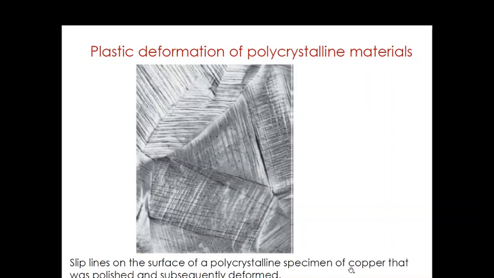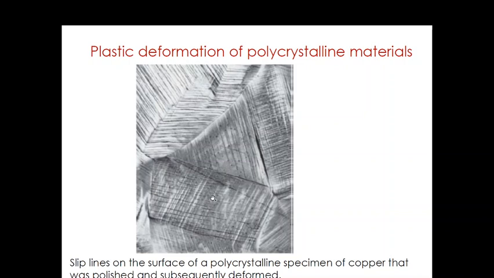So this figure shows a polycrystalline sample of copper that has been plastically deformed. Before deformation, the surface was polished. Slip lines are visible, and it appears that two slip systems operated for most of the grains.